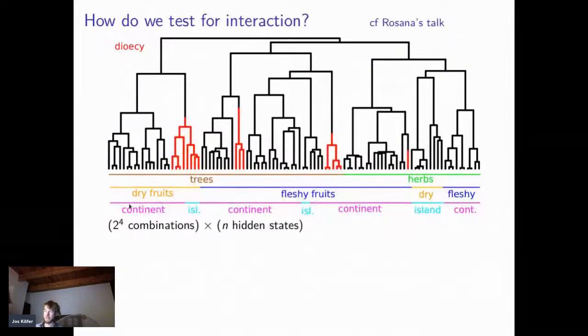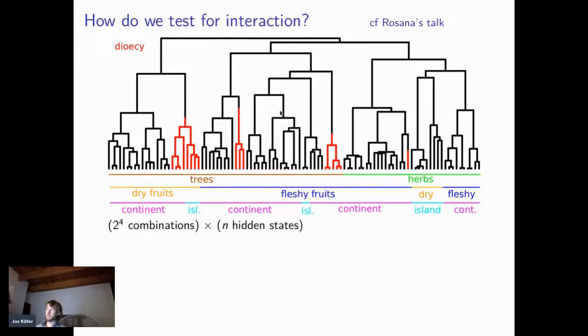It could happen on continents and islands. So if you want to test for the interaction of dioecy with all these traits, you would have 2 to the 4, 16 combinations. If you want to do this properly with state-of-the-art methods, you also have to include a certain number of hidden states. So it quickly becomes quite intractable. You will have a model with lots of parameters.